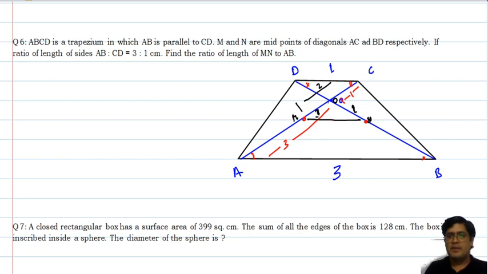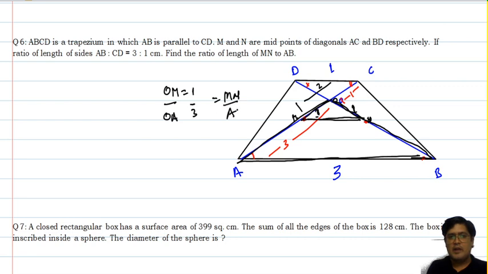Now observe, triangle OMN and the triangle OAB are again similar. So whatever their side ratios are going to be their base ratios as well. Here I am getting OM as 1 in the ratio, and OA as 3 in the ratio. So if you ask me the ratio of MN upon AB, base upon base, I'll say 1/3.